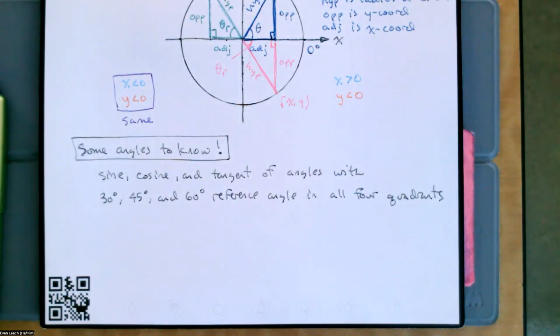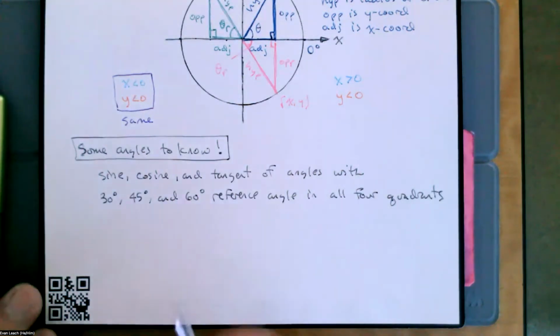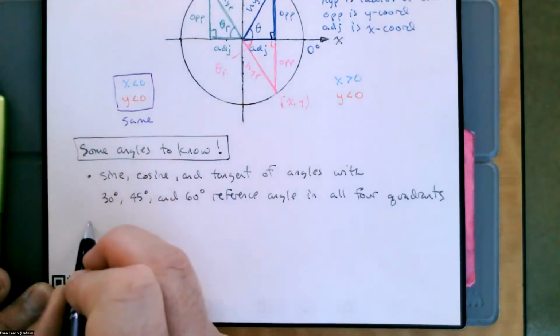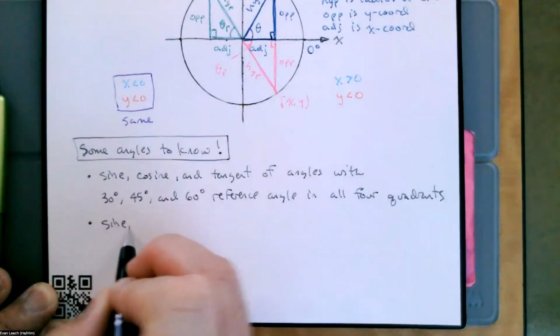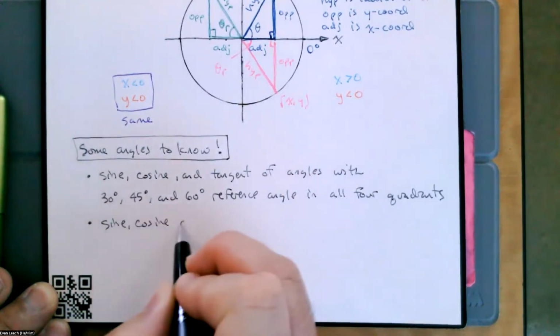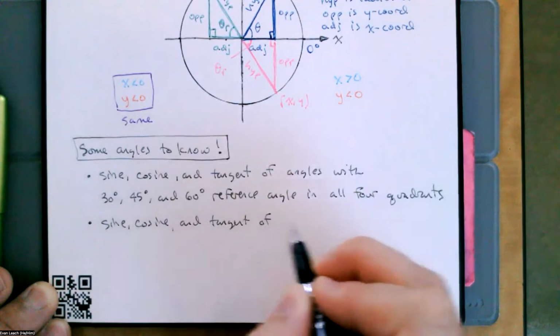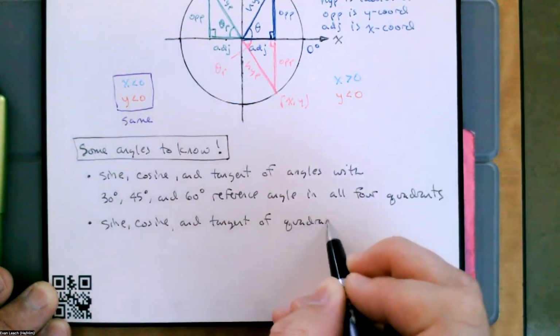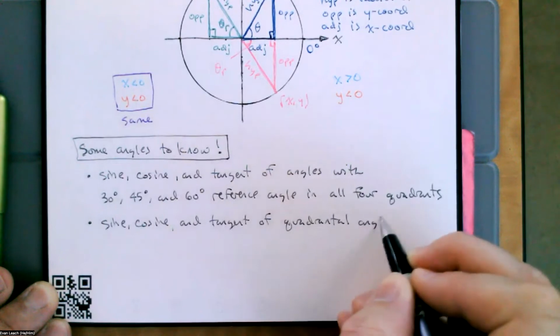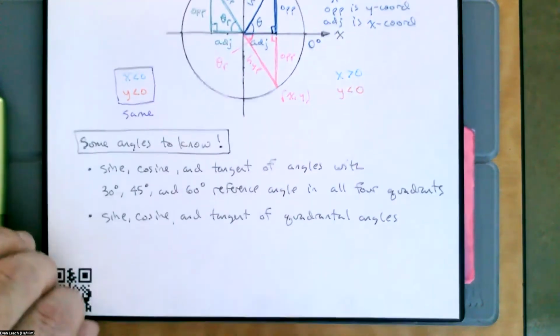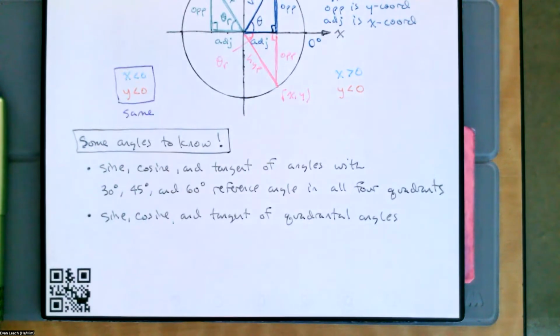We're also going to want to know sine, cosine, and tangent of any angle that lands on a quadrant, quadrantal angles. So those are the ones that are dividing up the quadrants.